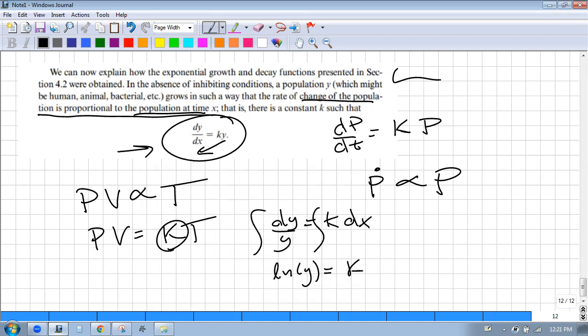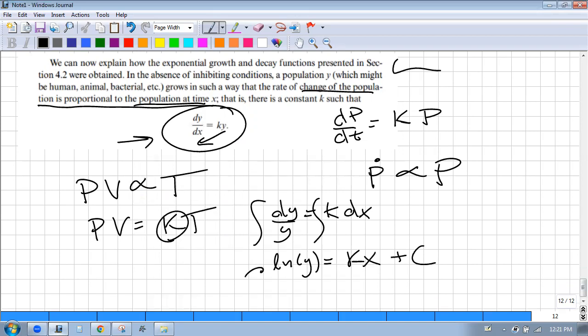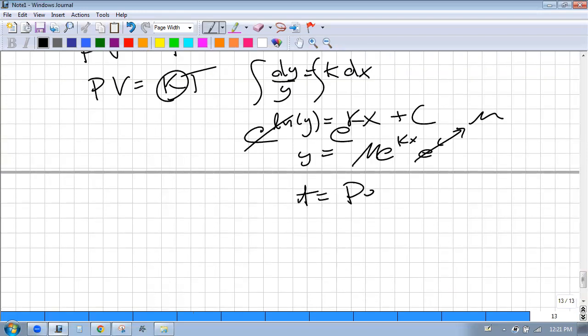Over here you get a kx, and then a plus a constant. When you do e to the both sides, you get y equals e to the kx times e to the c. We call this m and put it out front. Call it whatever you want, but it's still that same formula that y'all have been using in finance for a long time.